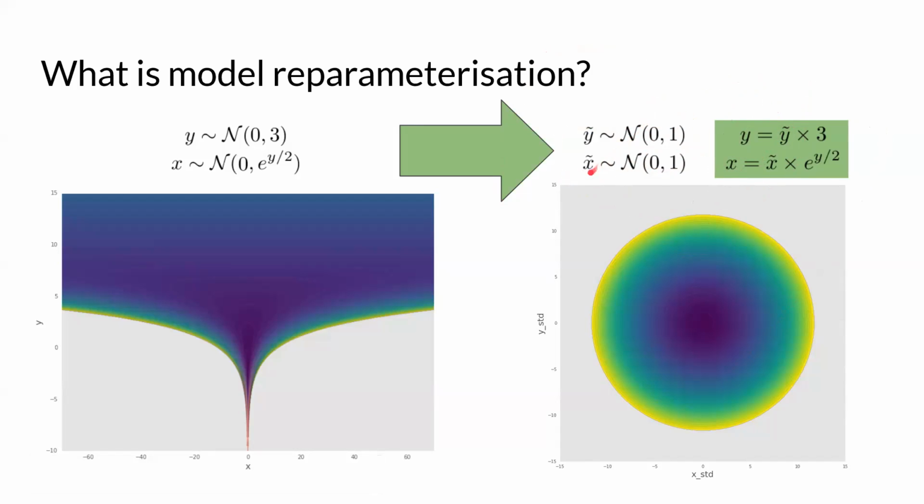Here, if we sample x tilde from normal(0, 1) and then scale it by e to the power of y over 2, that gives us a new variable x that is distributed according to a normal(0, e to the power y over 2). This is essentially what model reparameterization is. We took our original model and rewrote it in terms of some other parameters, x tilde and y tilde, and also defined this way of recovering our original parameters.